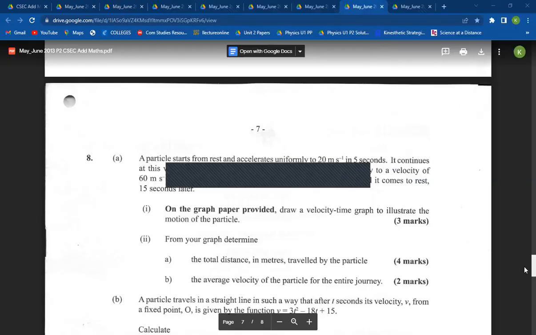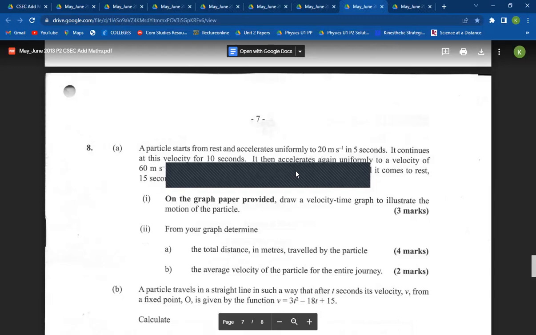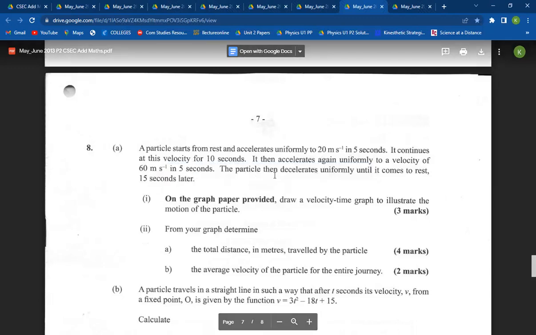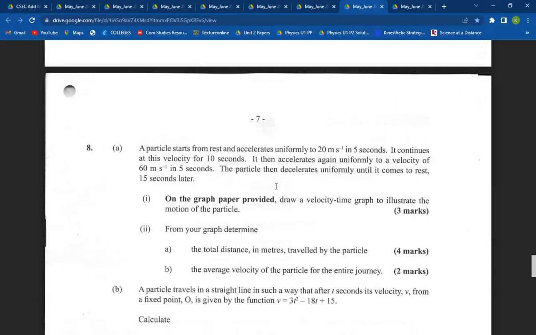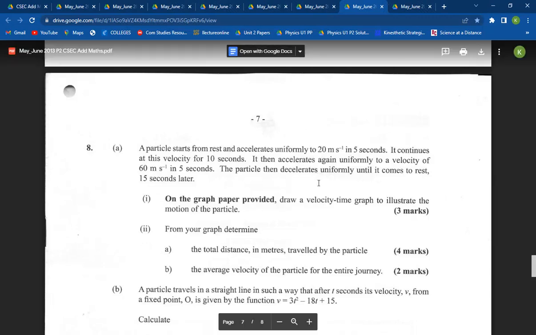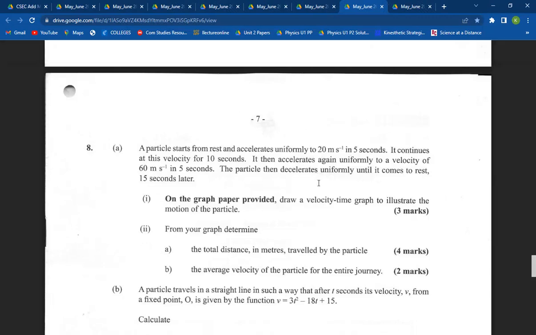As I was telling you earlier, when we started kinematics, I said, when we started the graphs actually, most of the past papers required you to draw a graph. The only years when you weren't required to draw any graphs were 2014 and 2021. But in all other years, you had to draw the graph, whether it was a speed time graph, velocity time graph, distance time graph, or displacement time graph.